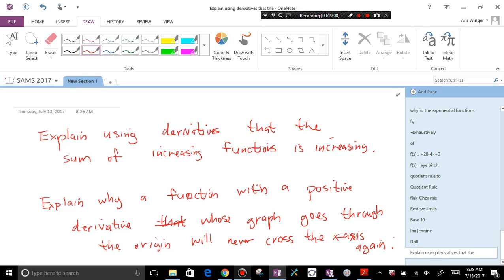I would like to see a proof. A proof is good. A paragraph is good. Either one is fine. A proof can definitely be in paragraph form. There's something you can write, and I would say that is certainly a proof.